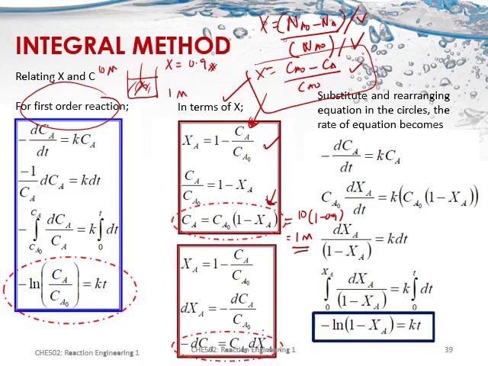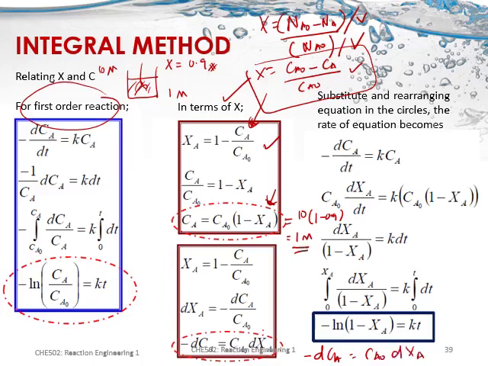Okay, upon rearranging, it's not really clear here because they have letters here. It will be negative dCA is equal to CA naught dXA.